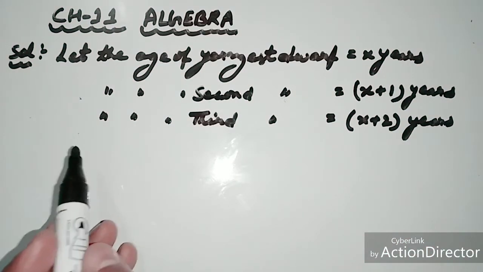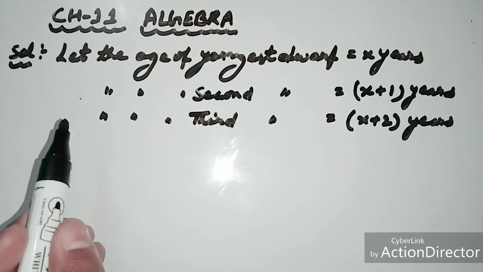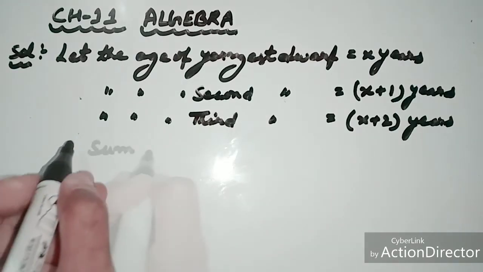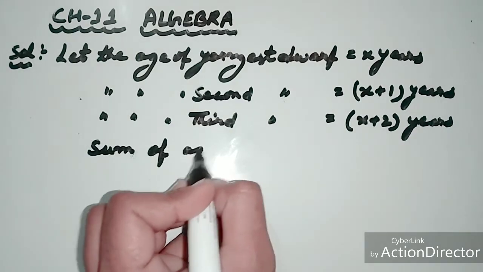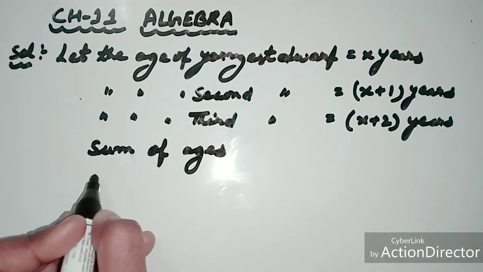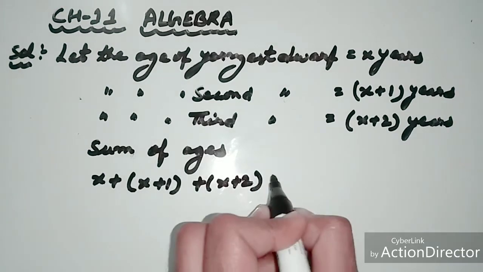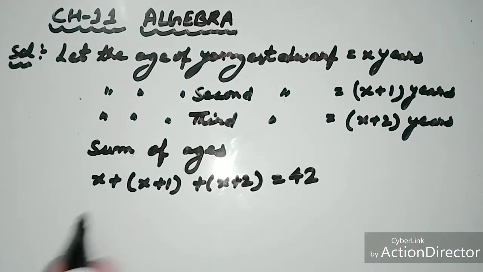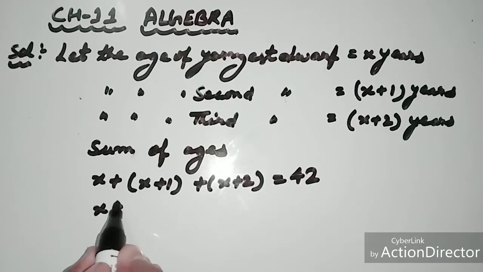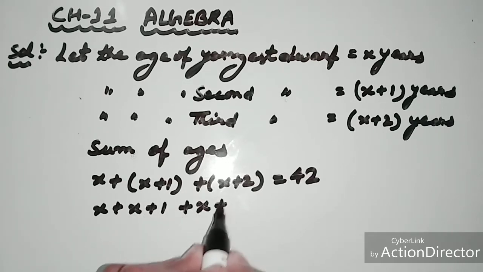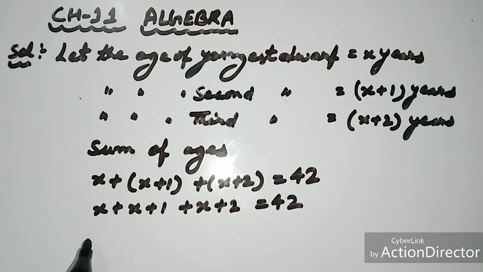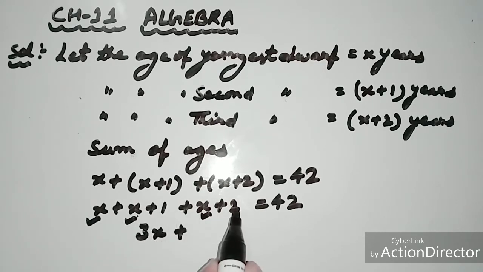Now the given sum of ages of 3 dwarfs equals, here we write sum of ages equals x plus x plus 1 plus x plus 2 equals 42. Now first we add the literals x, x and x, total 3x, plus 1 plus 2, 3, equals 42.